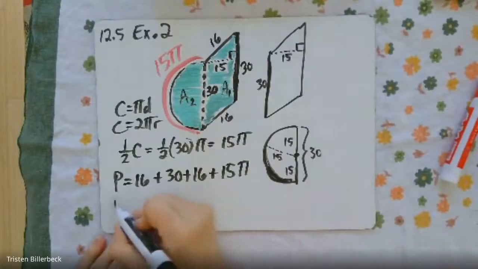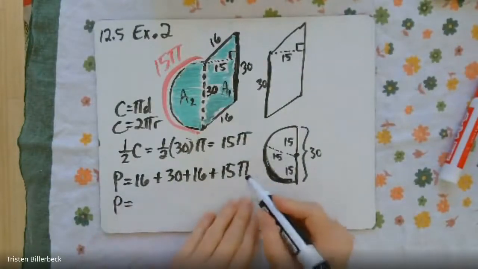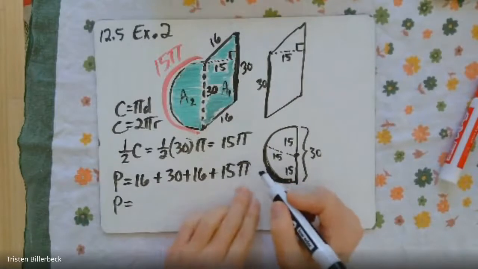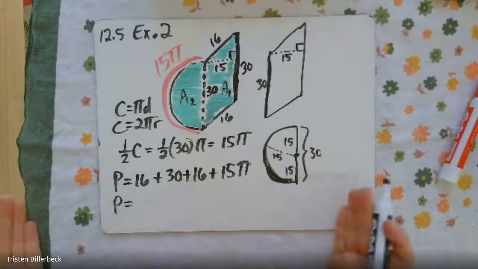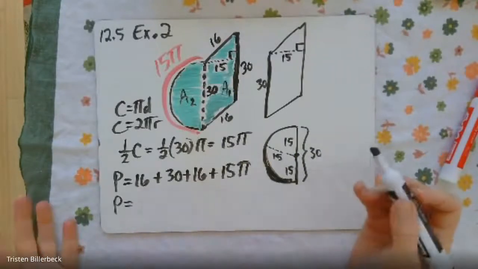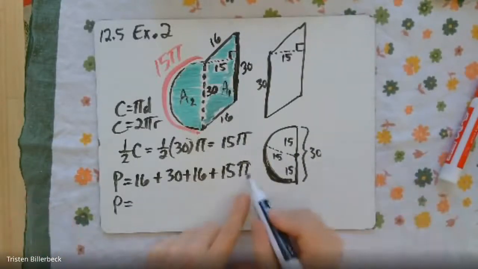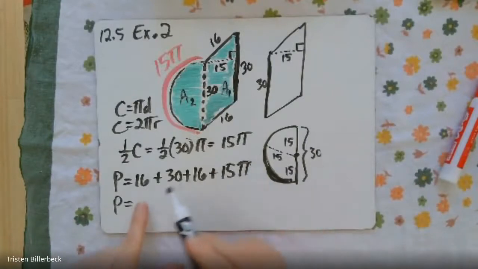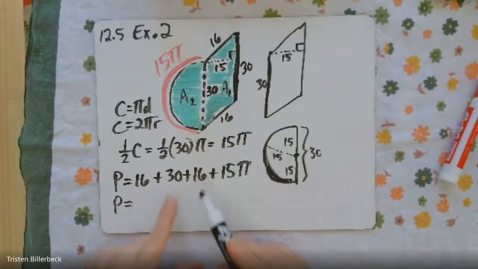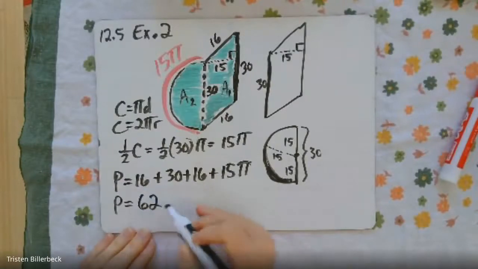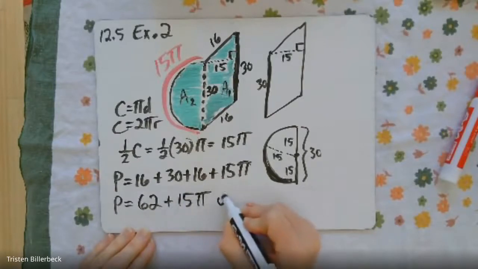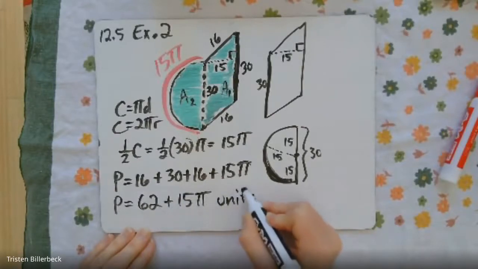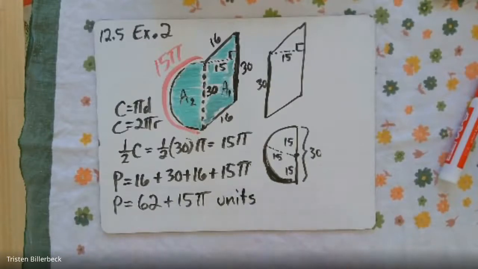Okay, so we add up our like terms, and if it says leave in terms of pi, then we don't calculate this one. But if we do calculate this, we can get a very precise perimeter. But if I'm not letting you use calculators, then you leave it in terms of pi. So this one, 16 plus 16 is 32. 32 plus 30 is 62 plus 15 pi, and perimeter is always in units, not units squared.